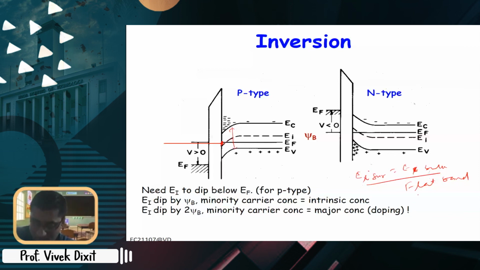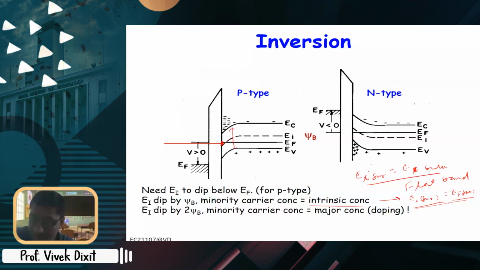So EI at surface is equal to EF in bulk, right? So that is basically the depletion region, because here the minority carrier concentration is the same as the intrinsic concentration. So it is of course more than the bulk minority carrier concentration, and it is equal to the intrinsic carrier concentration.